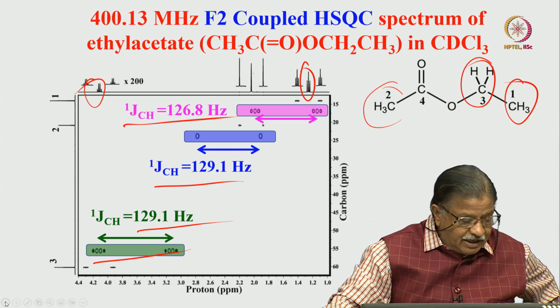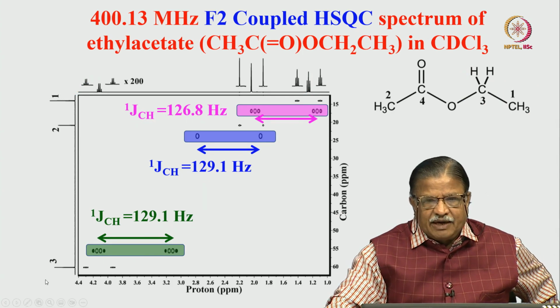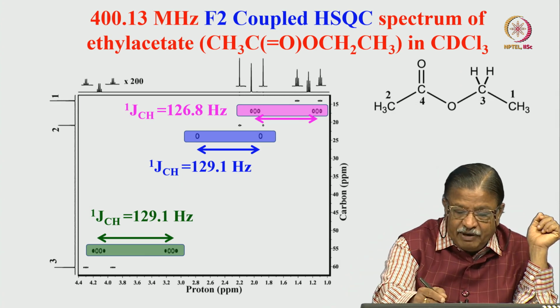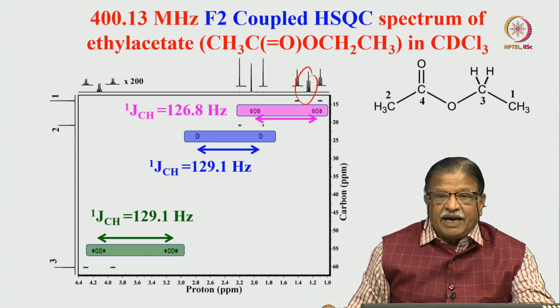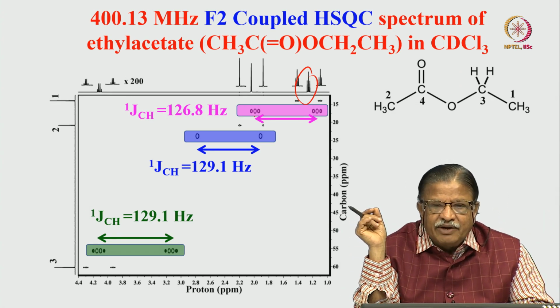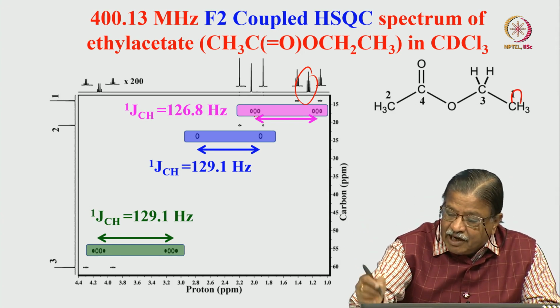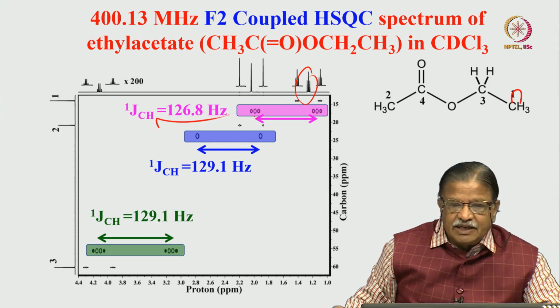But if you see carefully the analysis, if you analyze the multiplicity pattern, it is the F2 coupled HSQC. Now, when I expand this, I will see this peak is a doublet of triplets. Why is it a doublet of triplets? Because the large doublet separation is coming because of 1 bond carbon proton coupling, that is huge, about 126 hertz, that is a doublet.